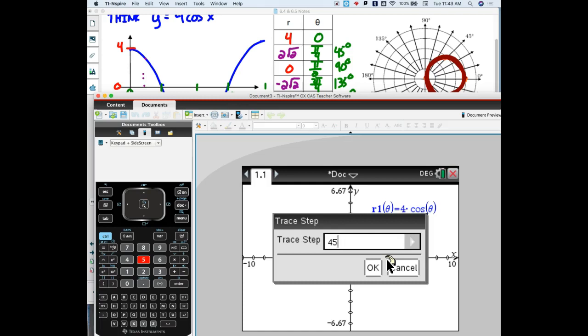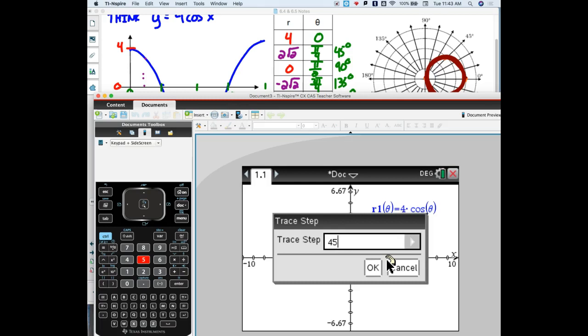I could make it be 15 degrees, and then I would be hitting every single one of the lines on my polar graph paper. Or I could make it 30 and go every other. Or I could make it 45 and go quarters all the way around.